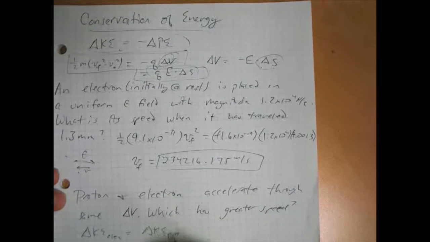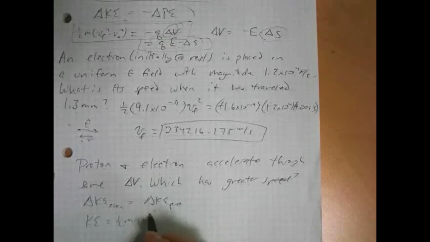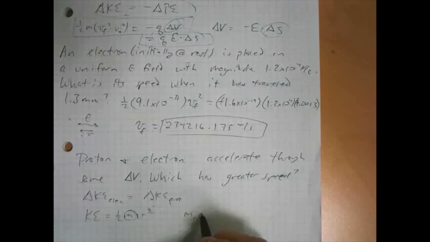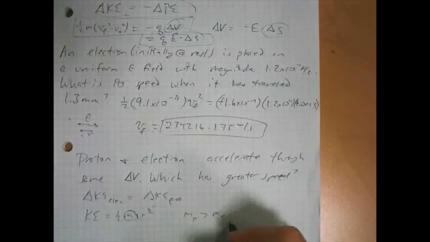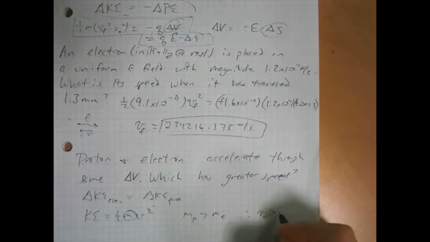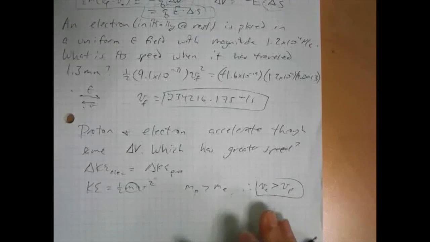But we know that kinetic energy is 1/2 mv squared, and the mass of the proton is much larger than the mass of the electron. Therefore, the velocity of the electron is going to be much greater than the velocity of the proton. So make sure you consider the masses, and not just the charges.